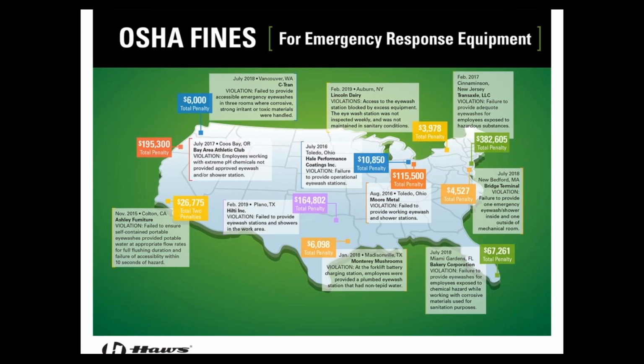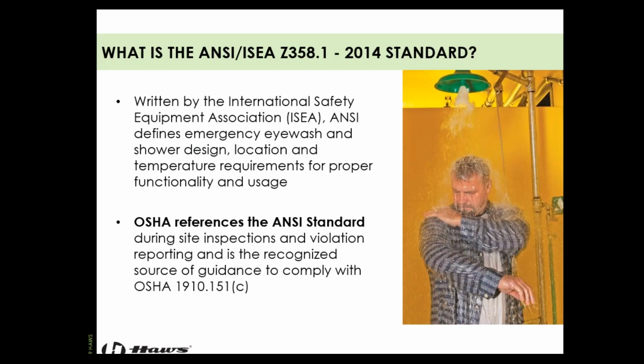They probably had a pool. Employees are working with pH chemicals. They didn't have an eyewash or a shower station to protect those employees. And either something happened and OSHA showed up, or they showed up and found something and they repeatedly failed to improve the safety situation on site, which is what results in such a large fine.